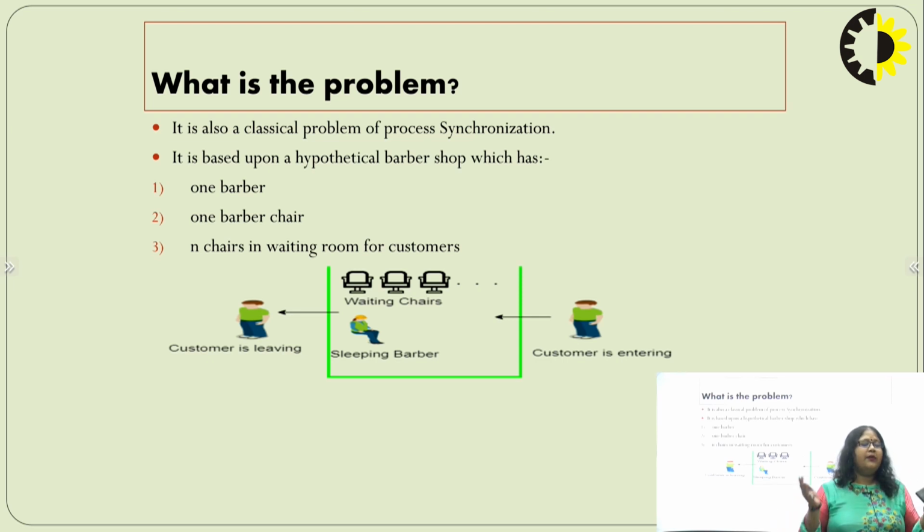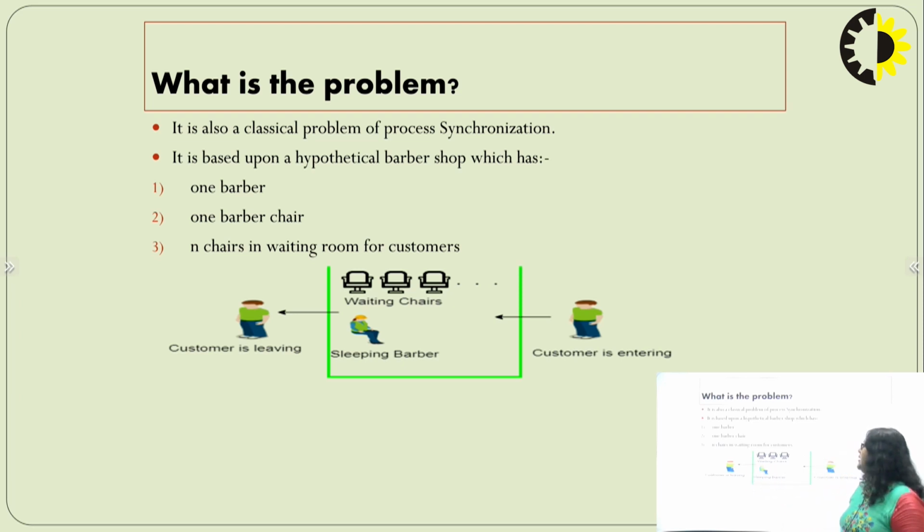Just imagine that we want to cut our hair and we go to the barber shop. There is one barber. This is the hypothetical concept of the sleeping barber problem. The major characteristics are that there is one barber chair and n number of waiting chairs for the customers.